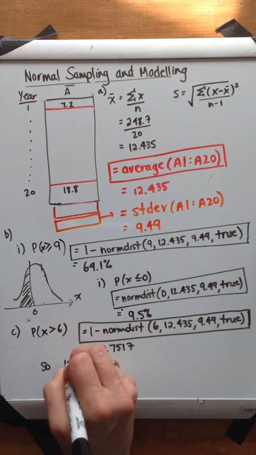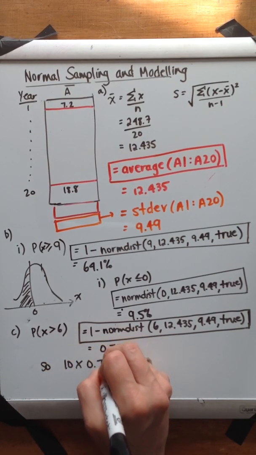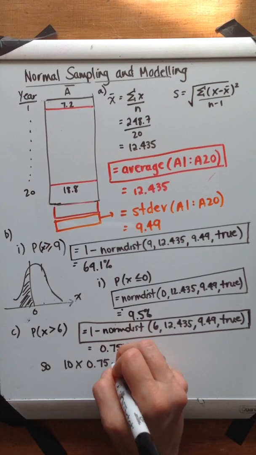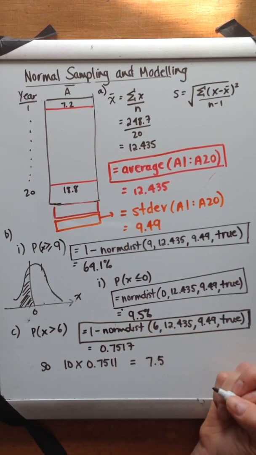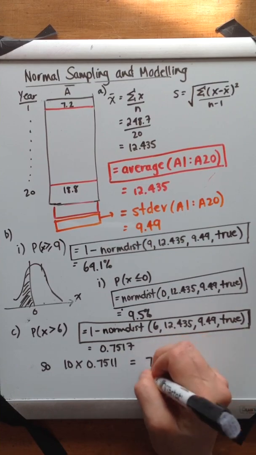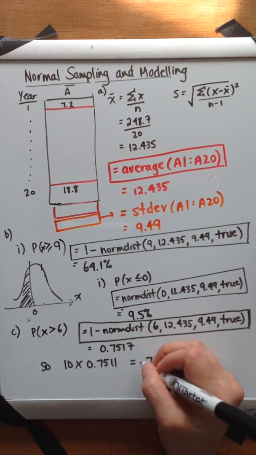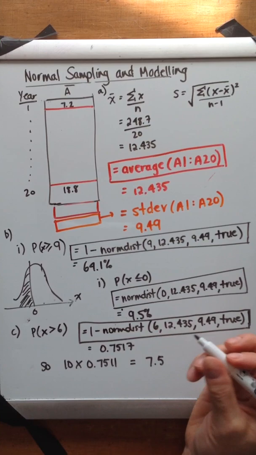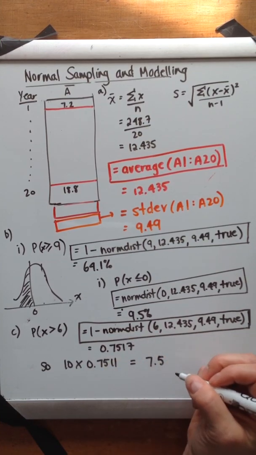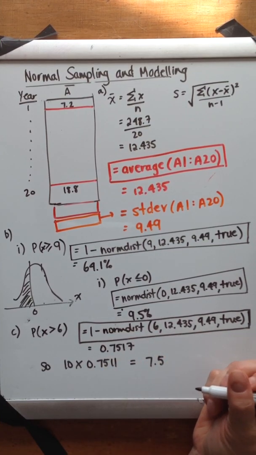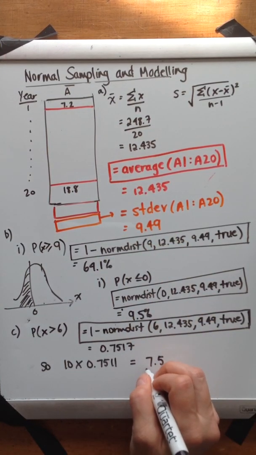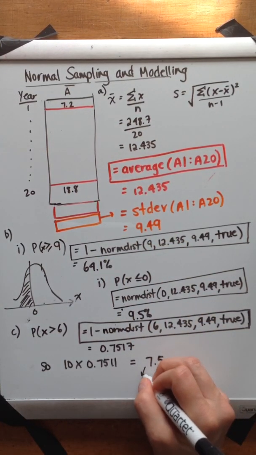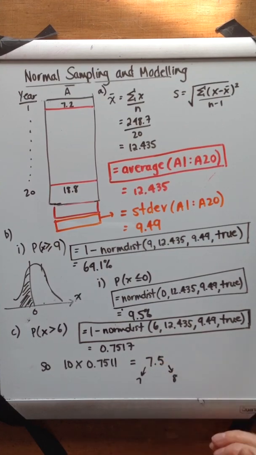So 10 times 0.7517 would mean that we get greater than 6% sometime between year 7 and year 8, based on how everything else played out.